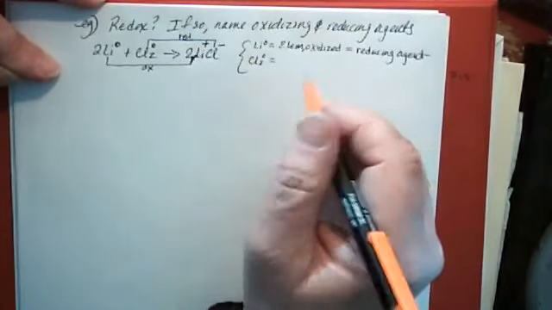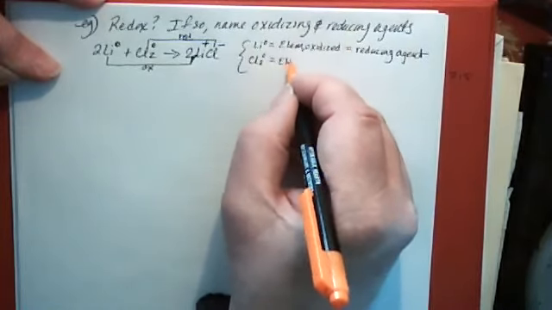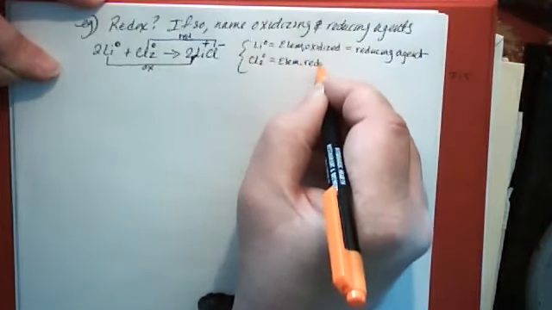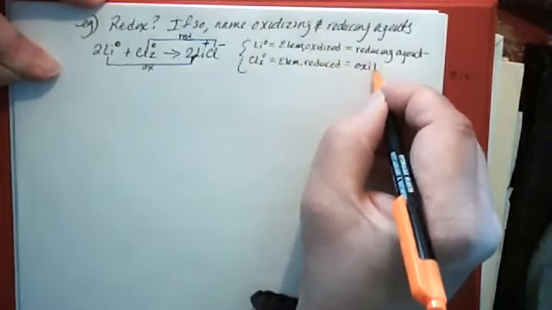Chlorine, the element, is the element reduced, and that means that it's the oxidizing agent.